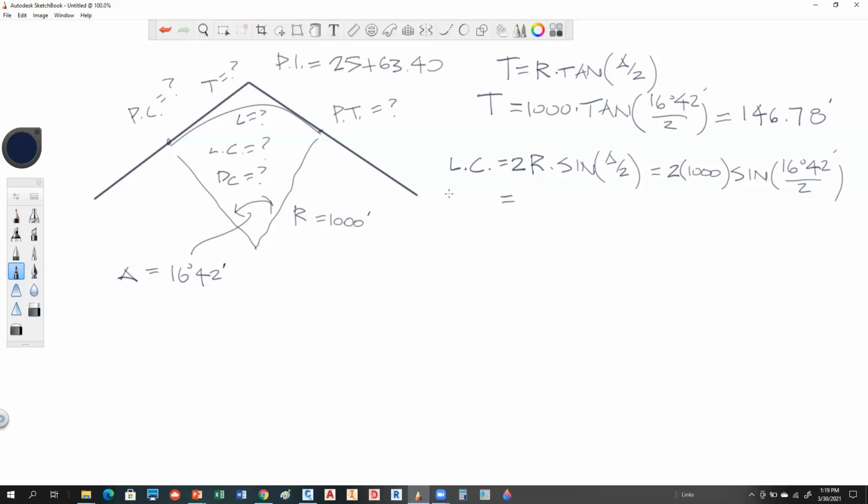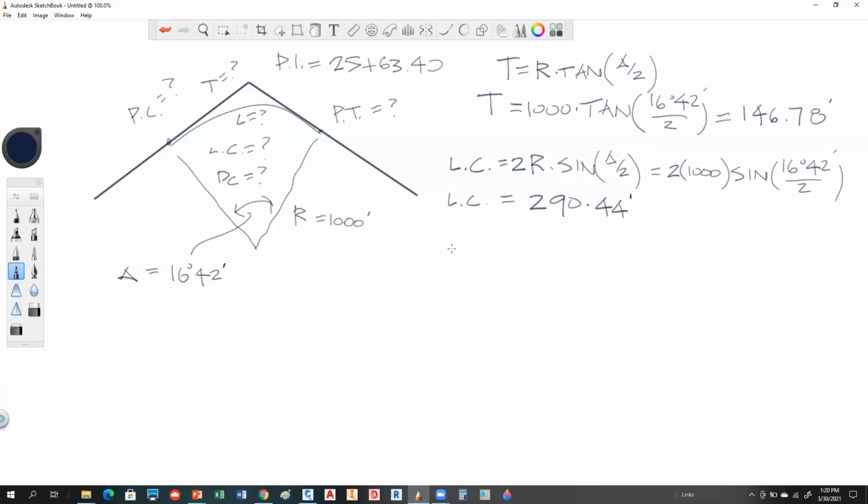This is your long chord. I got 290.44 feet. Anybody agree with that number? Yes. Okay, perfect. All right, so let's calculate the length of arc.